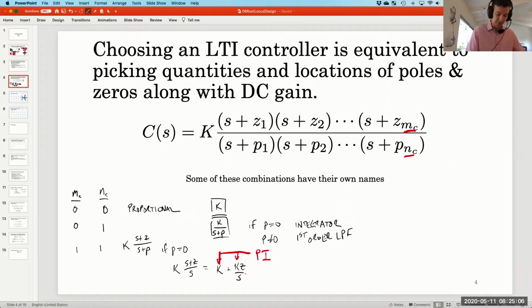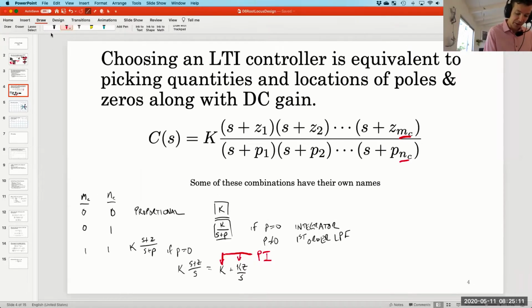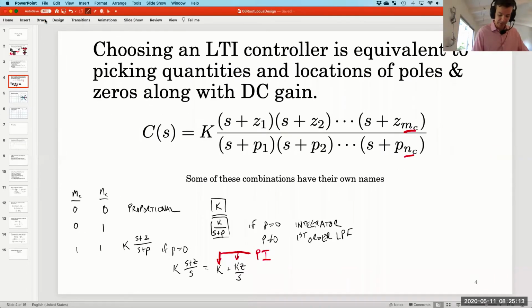So what else could we do here? We could keep incrementing up these numbers. Well, so we've done P and we've done PI. I guess we should start talking about PID.